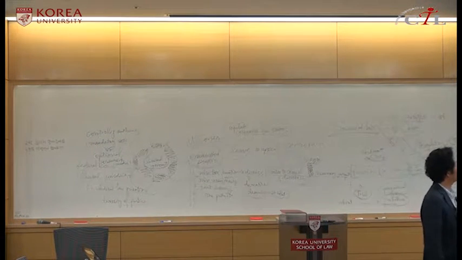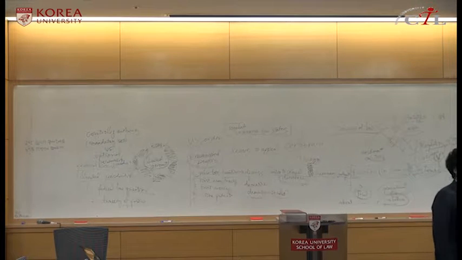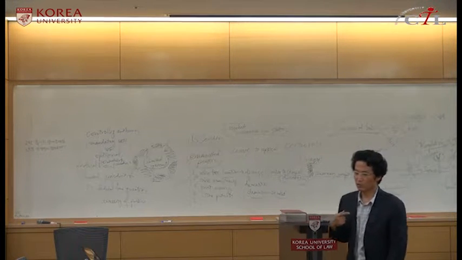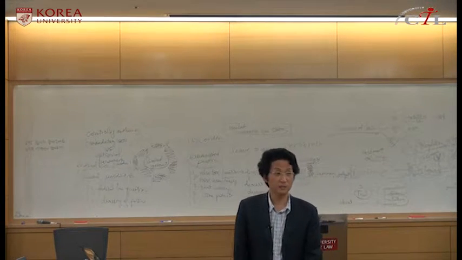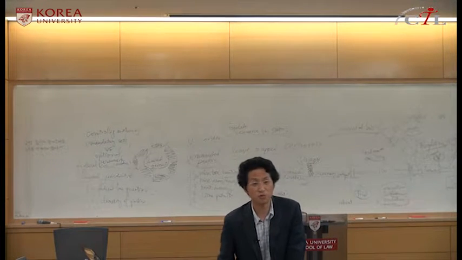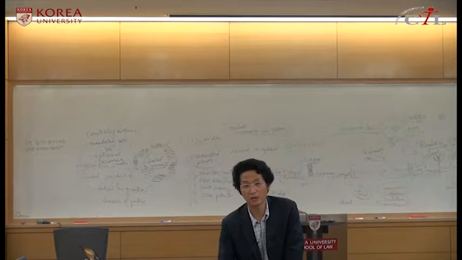Nuisance is interference with plaintiff's real property. I don't actually go inside, but I can still make it difficult for the person to use the land. How can I do that?